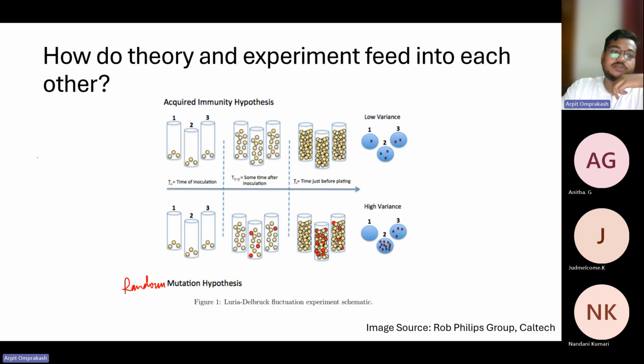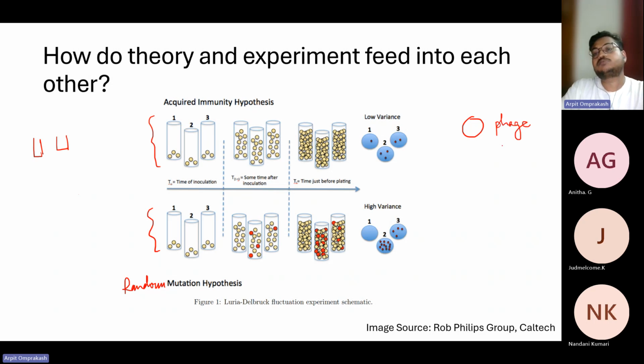So what they did was they took different cultures of bacteria as shown here, right? And they inoculated them for some time. So they grew the bacteria in the growth medium. And after that, they plated the bacteria on a plate which has some bacteriophage.